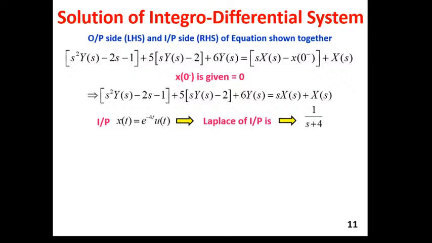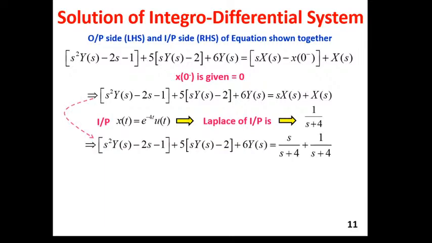But on the right side, instead of X(s), we substitute the Laplace of e raised to minus 4t u(t). With all these substitutions, the big equation becomes s square Y(s) minus 2s minus 1 plus 5 times (sY(s) minus 2) plus 6Y(s). On the right side, sX(s) becomes s by s plus 4, and X(s) becomes 1 by s plus 4.